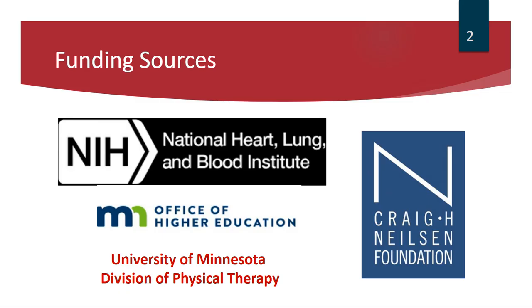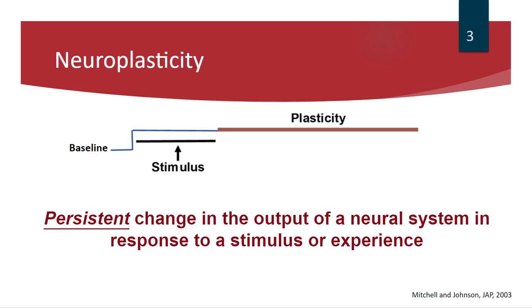So as Liam mentioned in the introduction, the primary goal of our research is to understand how sex hormones influence the development of neuroplasticity. By simple definition, neuroplasticity is just the persistent change in the output of a neural system in response to a stimulus or experience.